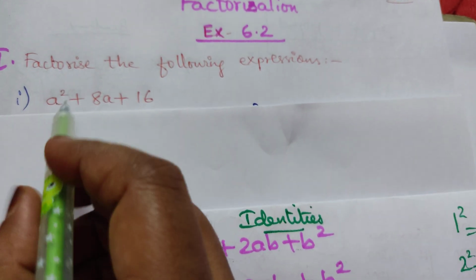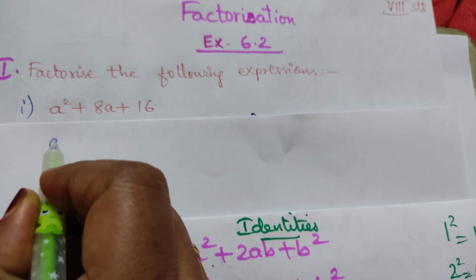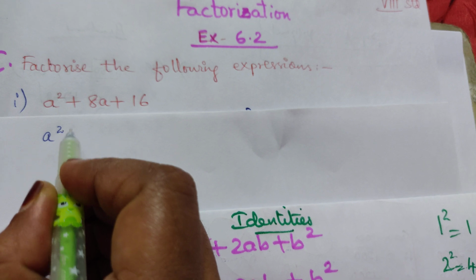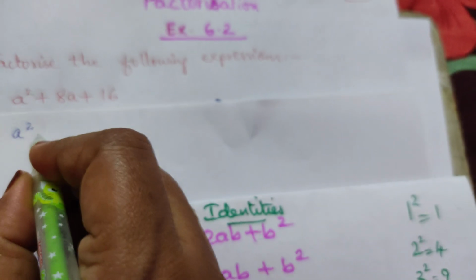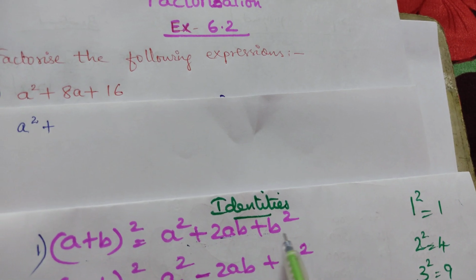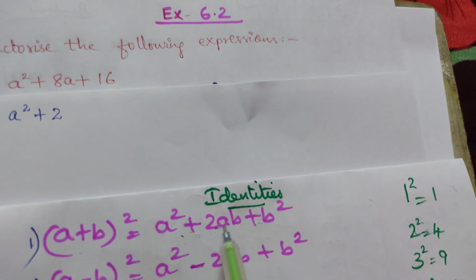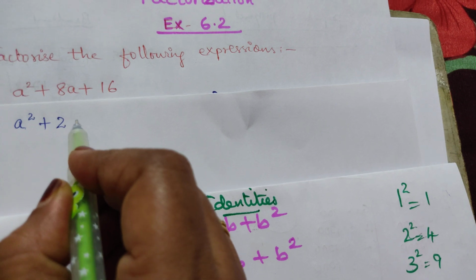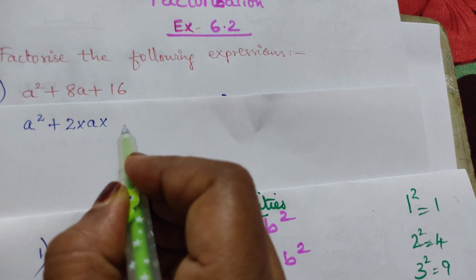A square is nothing but a square itself. Like the square root of a square is a, plus we have to bring it in this form, 2ab plus b square. So we are going to write 2a. So here also we have a, we are going to write the first term as a only, into b.